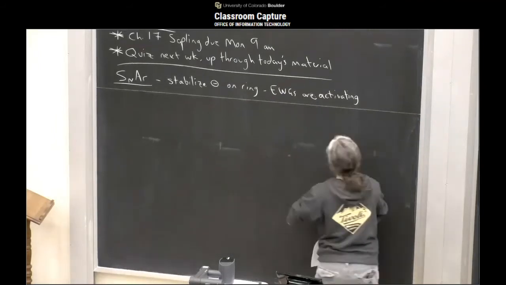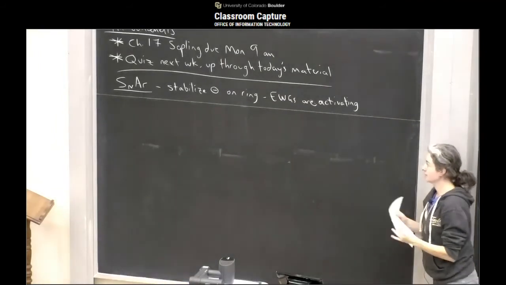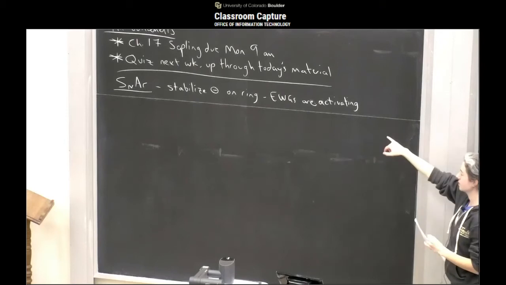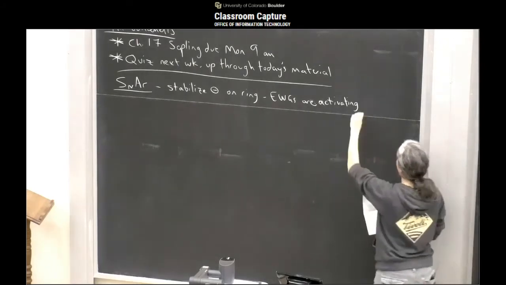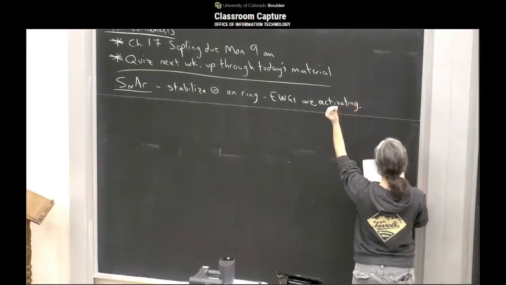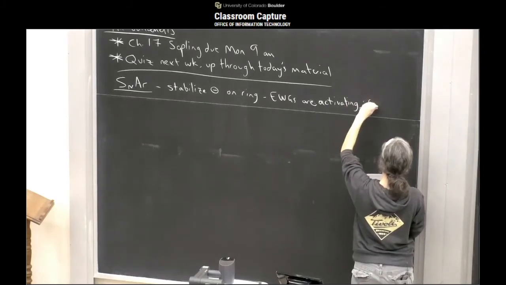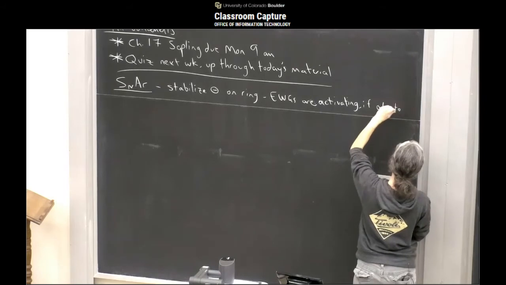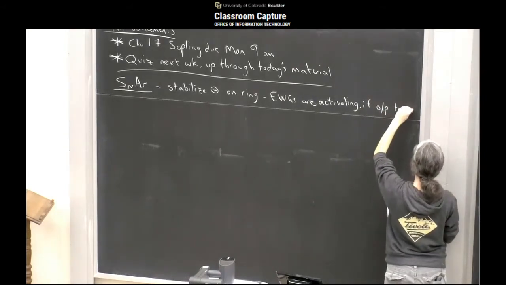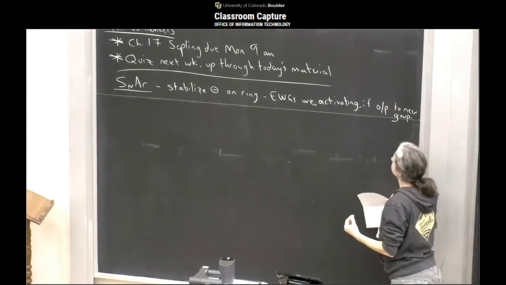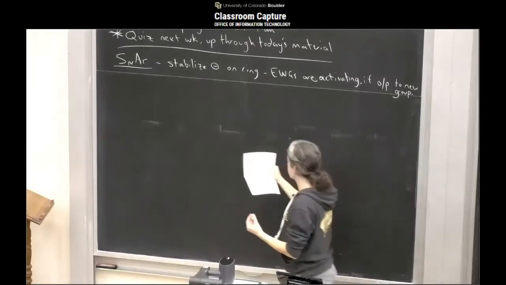So we can look at relative rates. One thing that's worth pointing out is that just like in electrophilic aromatic substitution, whatever groups we have on the ring are going to have the strongest effect when they're ortho or para to the new group.